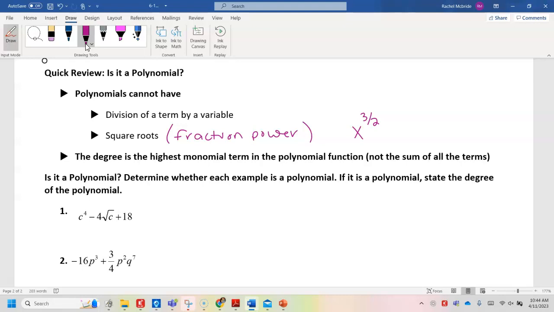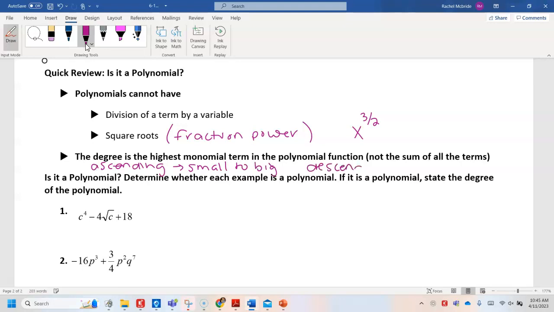The degree is the highest term's degree in a function. So we have what we call ascending and descending degree. Ascending is when the degrees go from small to big.